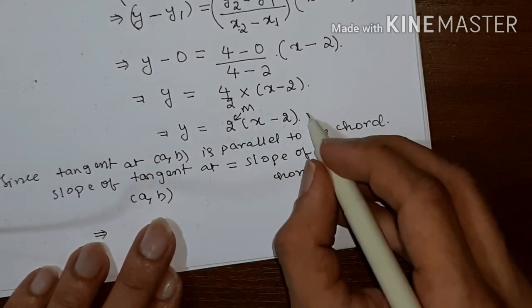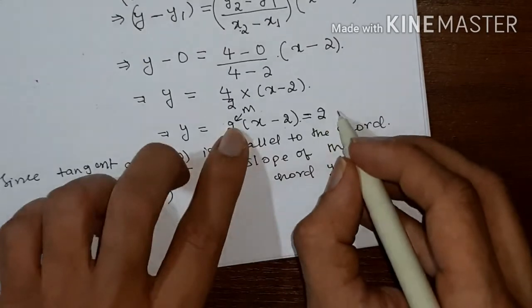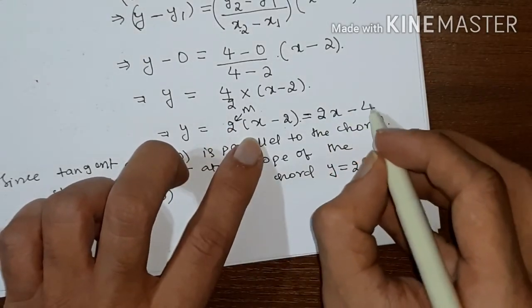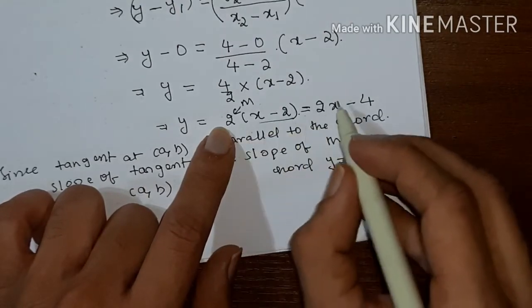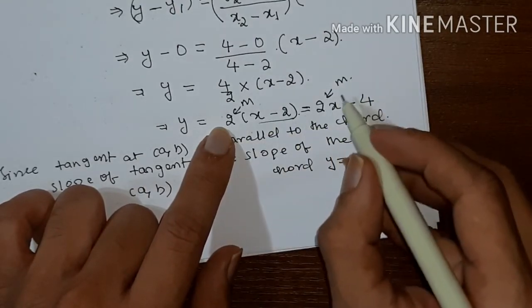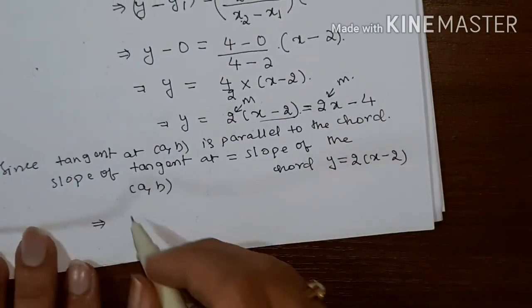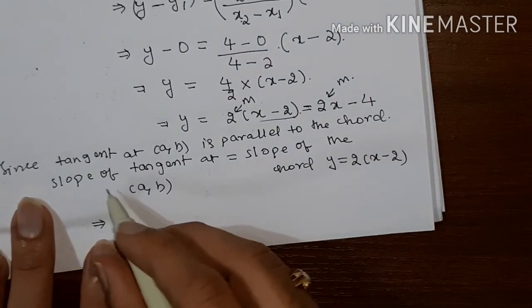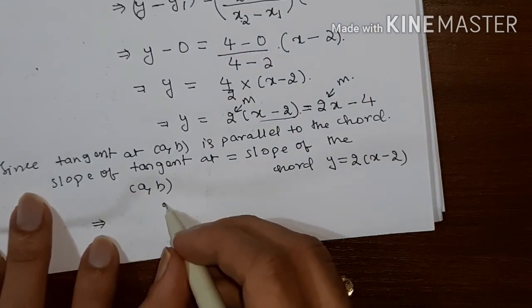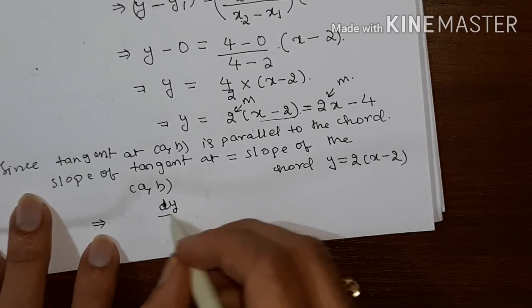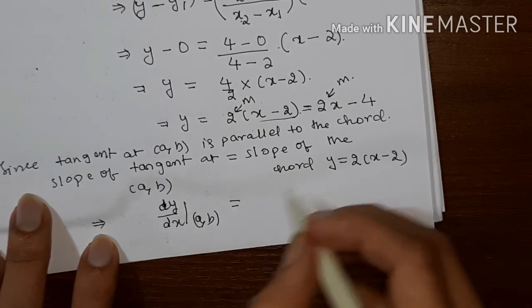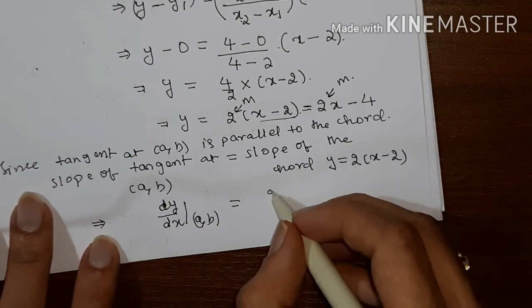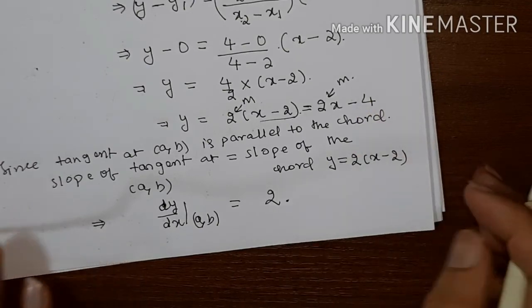This is a y equals mx plus c type equation. If you write this as 2x minus 4, by multiplying the 2 into the bracket, this will be m, the slope. So the slope of the tangent at a comma b, that is dy by dx at the point a comma b, is equal to the slope of this chord, which is 2.